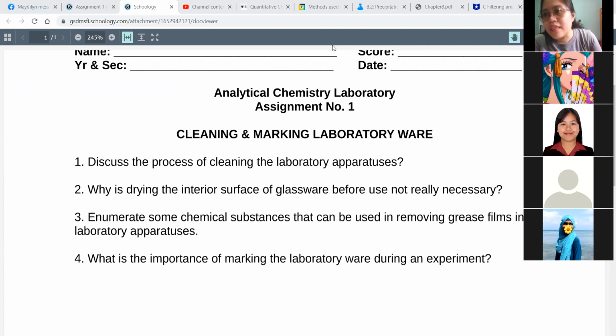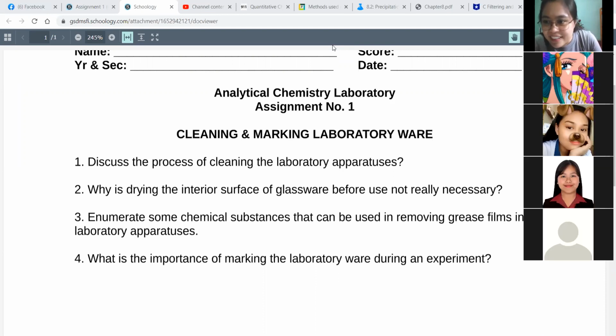That's how you do it before use. So no need to dry. Aside from that, what else? What is the reason why we don't need to dry the interior surface of the glassware? Any other answers, before I give the answer?